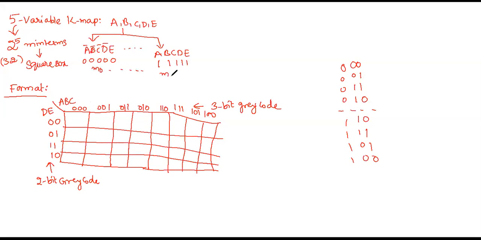This is M31 minterm. 000 indicates the M0 minterm. This is M1, M3, M2, M4, M5, M7, M6, M12, M13, M15, M14. Like this, you write down the total table with the minterms.